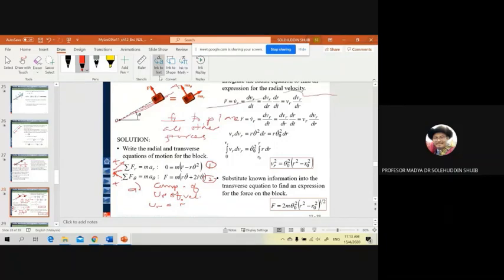Now is r double dot. So r double dot is basically V dot r. Okay, so we start to do the substitution over there. This is what we've been doing here.